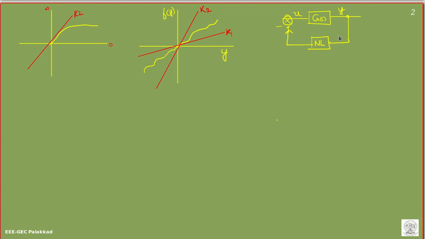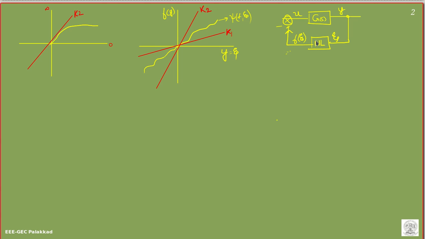When it comes to the nonlinearity, let me call the input zeta and the output f(zeta), so the input to the nonlinearity is zeta, which is taken from y. Let me call the nonlinearity phi of t comma zeta, with y equal to zeta here.